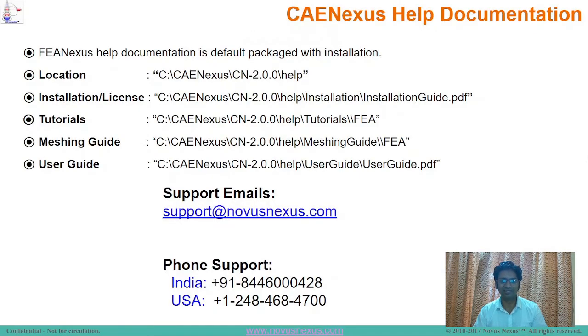That's all about CAENexus basic training. Now CAENexus help documentation is available in the installation directory. So in the help folder, you will find installation guide, all of your tutorials, meshing guide and user guide. Also, if you have any question or any queries, then please feel free to contact at support@novusnexus.com and we'll get back to you accordingly.